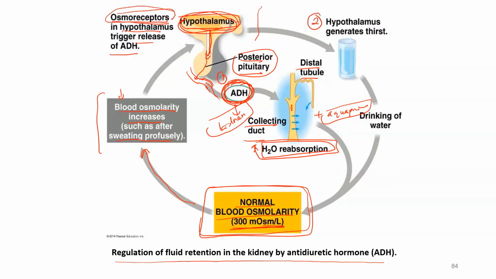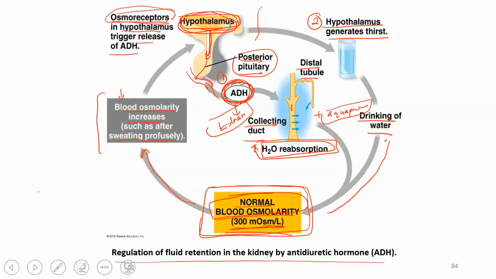Another mechanism of increasing the blood osmolarity back to the normal set point is that the hypothalamus generates thirst. Dia buatkan awak rasa dahaga lah. So when you are feeling thirsty, you will drink more water, and this will also add more water to the body and cause blood osmolarity to increase back to the normal set point.